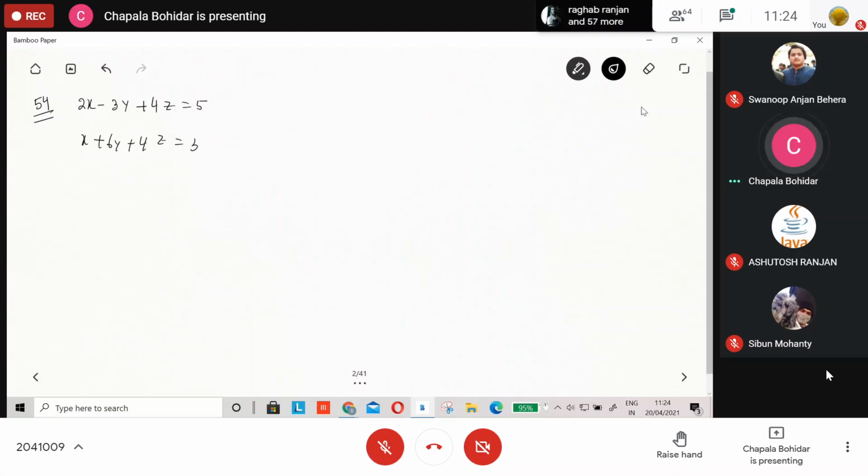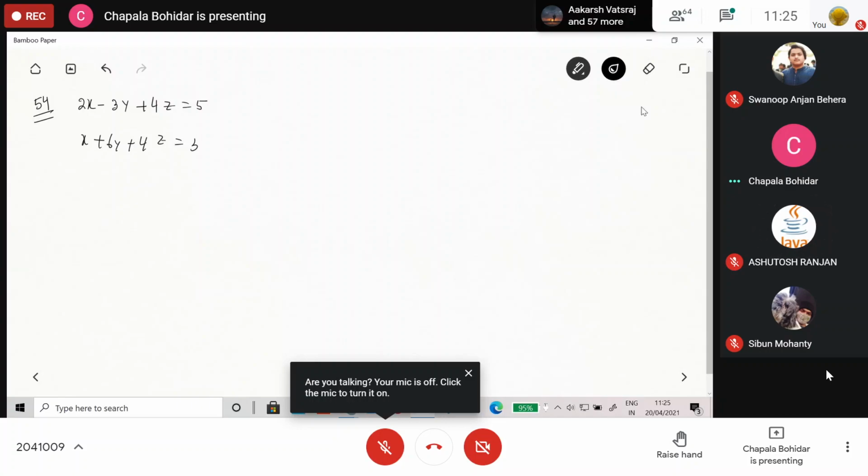Try to do whether they are parallel, intersecting, or perpendicular.